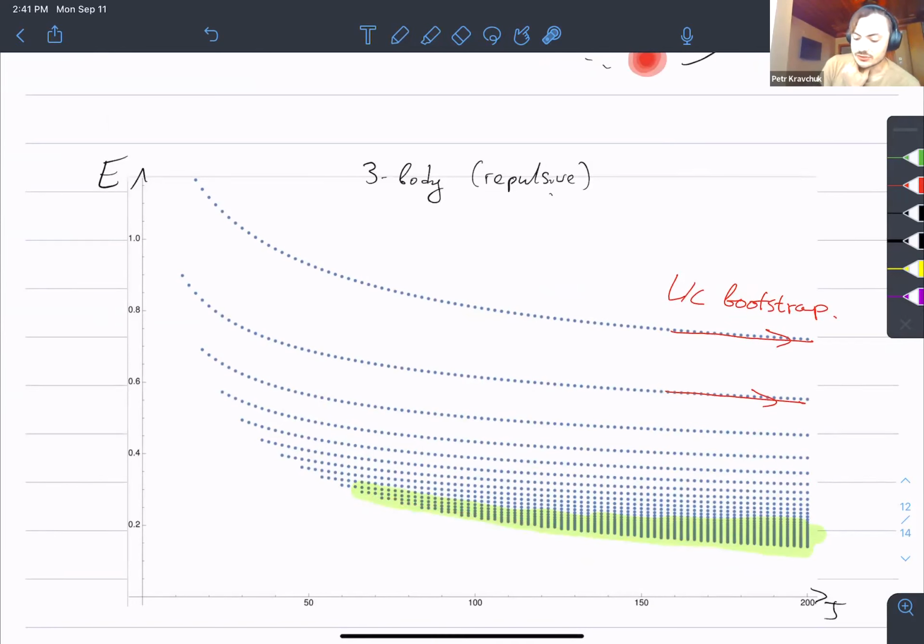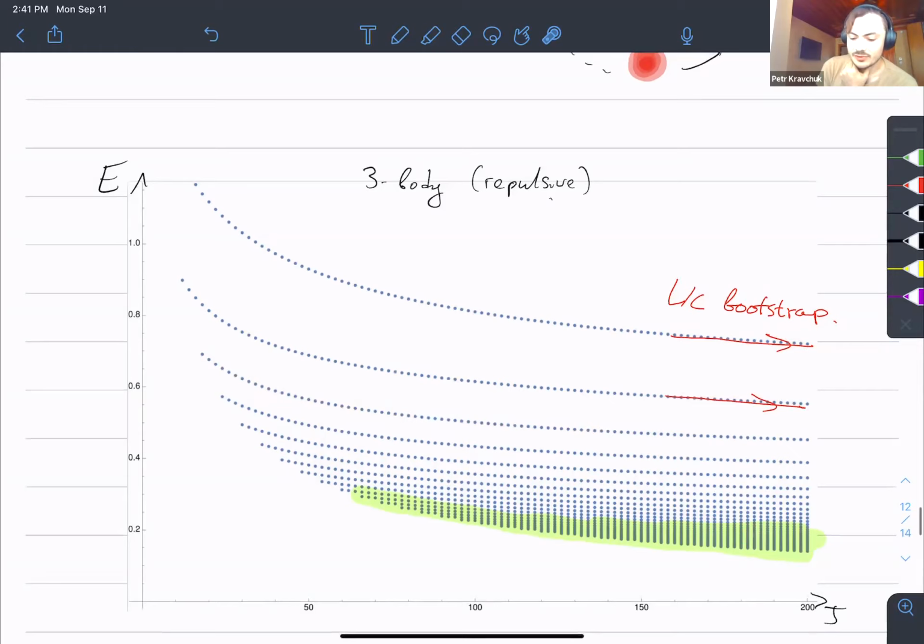So we can understand using this language, for example, the spacing and the ground state energy in this region of the plot. As you go to the right, to large J, you just separate from, say, light cone bootstrap, which would allow you to understand the spectrum along these individual trajectories.